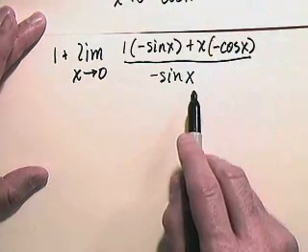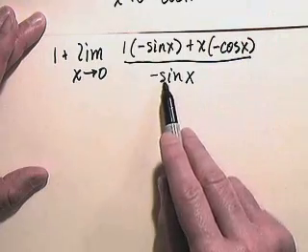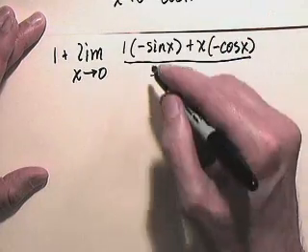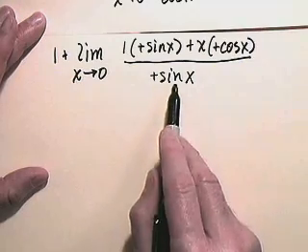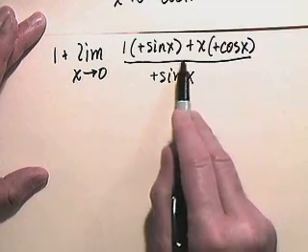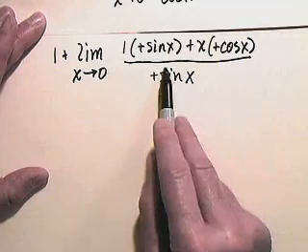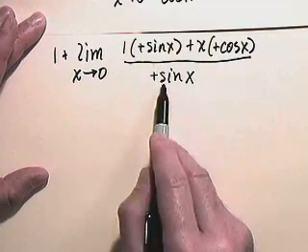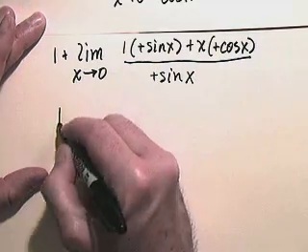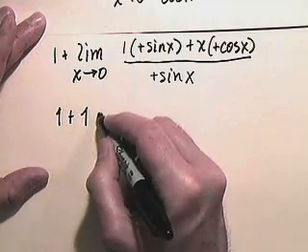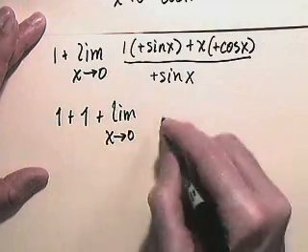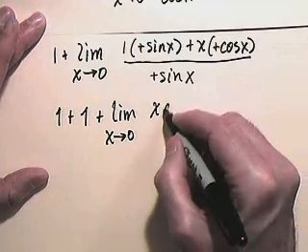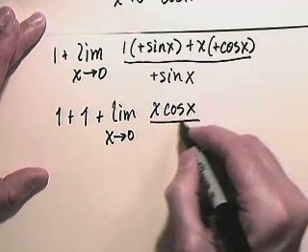That's all we have. Notice the negative signs now cancel out everywhere. Plus, plus, plus. And so look, again, we can break this up as a sum of two terms. And in the first term, we have sine x over sine x, which is 1. So now we have 1 plus the limit as x approaches 0 of the quantity x cosine x, all divided by sine x.